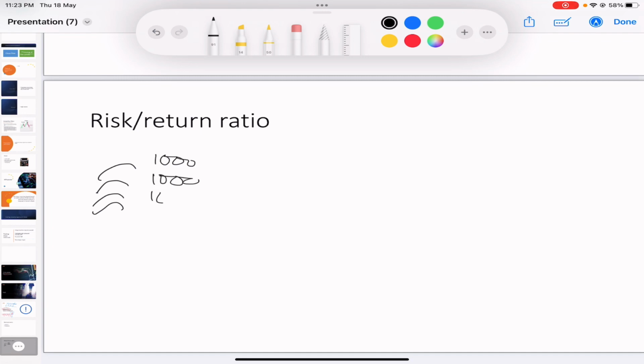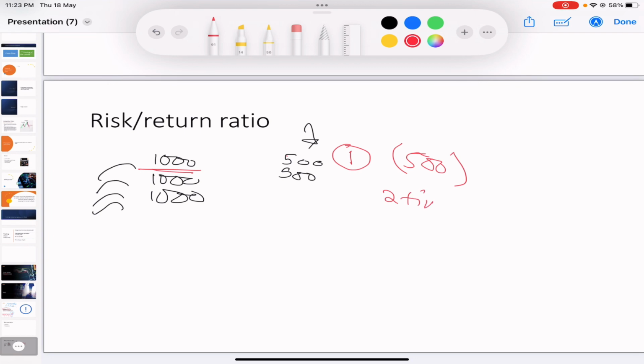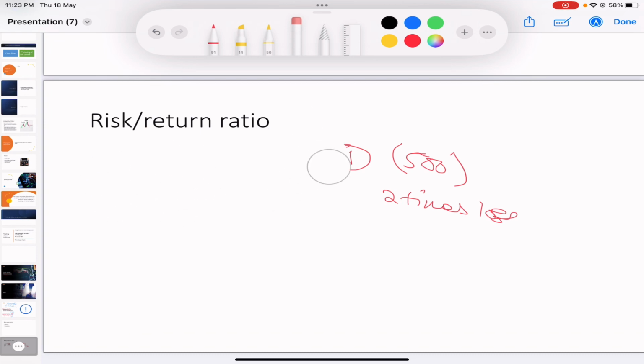And every time I lose a trade, I am losing 500 rupees. So if I had one loss, then I lost 500 rupees, right? If I had one profit, I gained 2 times my loss. So that is something which is good, right? So one loss should not be wiping out your entire profit. That's what I'm trying to say.